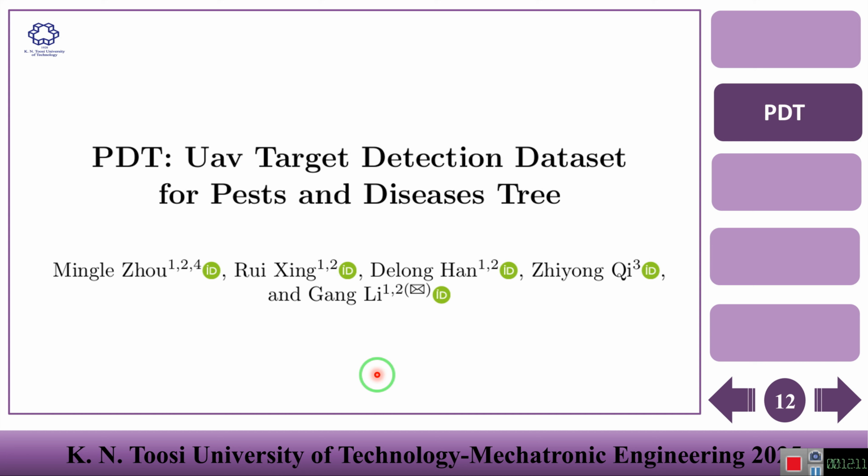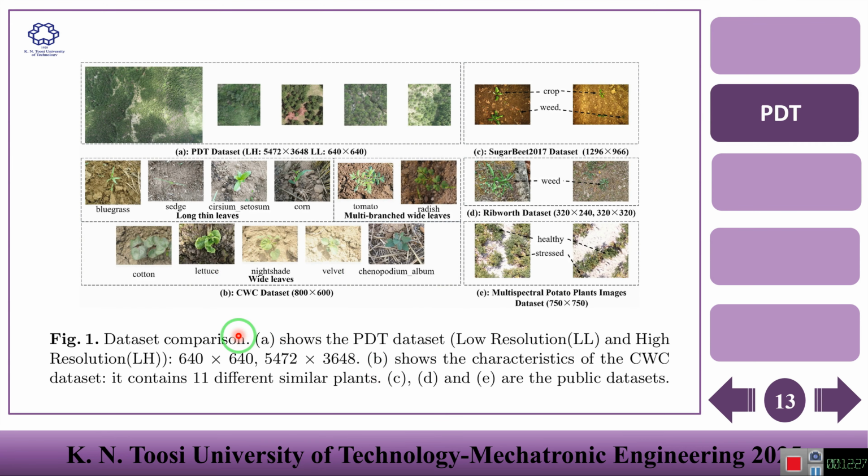So at the end, we want to focus on one specific and important article, which is PDT, UAV Target Detection Dataset for Pests and Diseases. Here, this article has mentioned that it is using two actually different types of datasets.